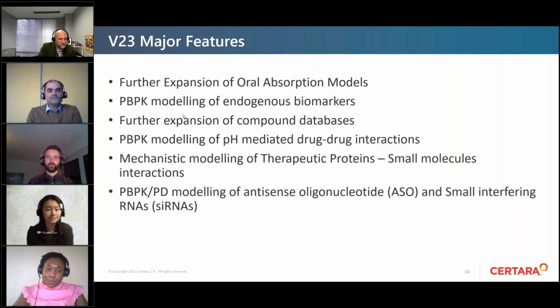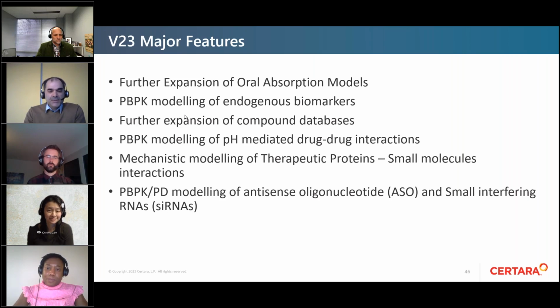Can PBPK modeling help us understand if a clinical DDI study is warranted? I think what they're saying is that there are multiple CYP enzymes involved. Can we still use the simulator to decide whether or not a DDI study is warranted? I think the short answer is yes.